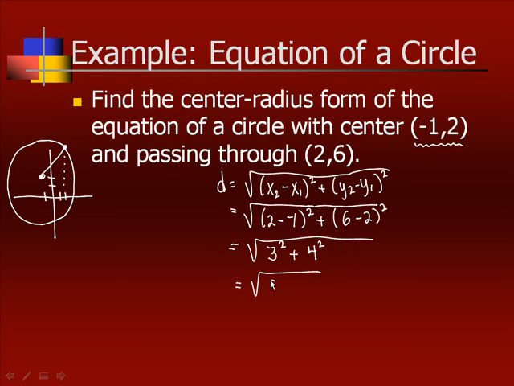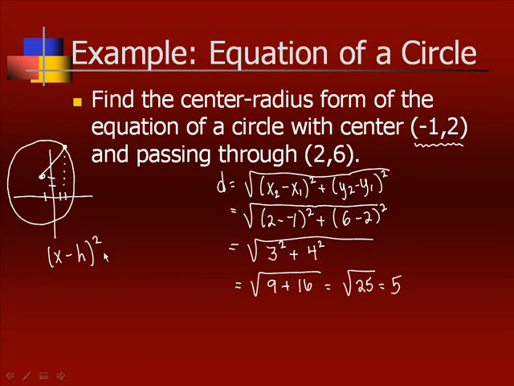So we get the square root of 9 plus 16, which is the square root of 25, which says that our radius is 5.